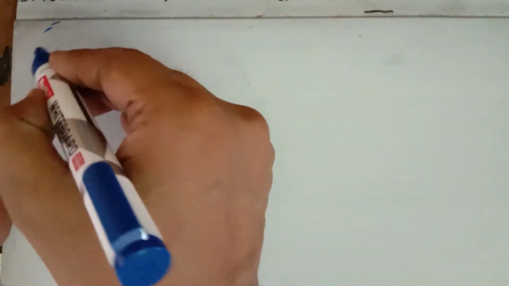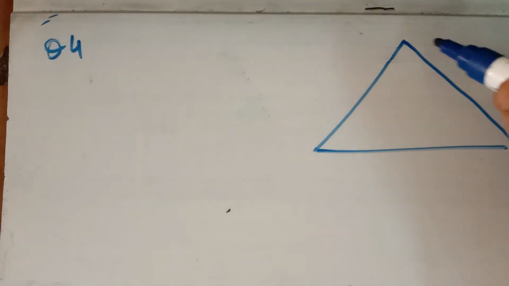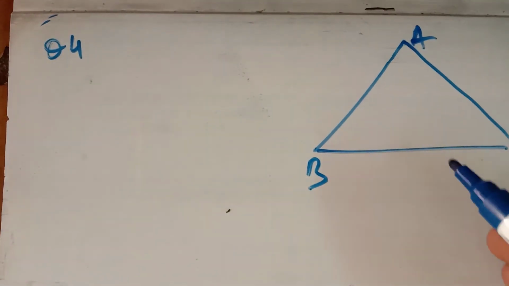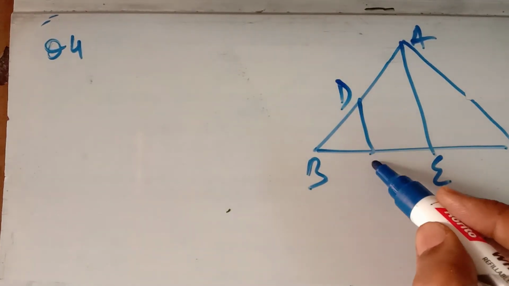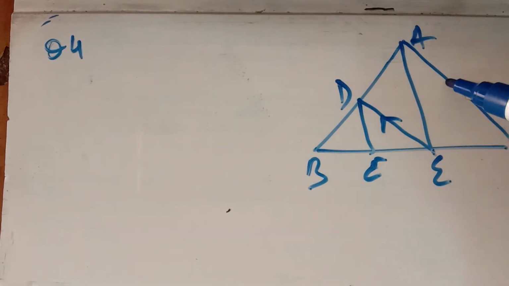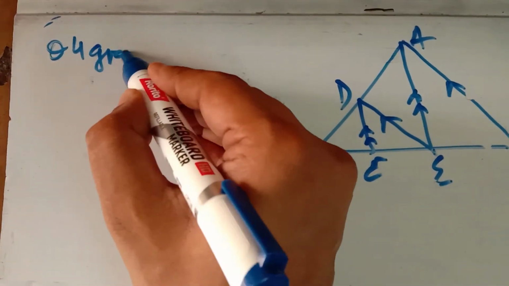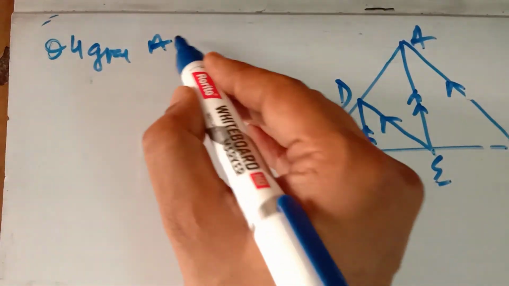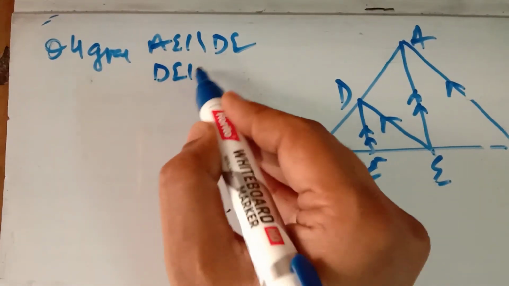Now in question number 4, what is given? There is a figure, triangle ABC. Then there is a line AE and a line DE, joined like this, and it is given that this line is parallel to this and this line is parallel to this.